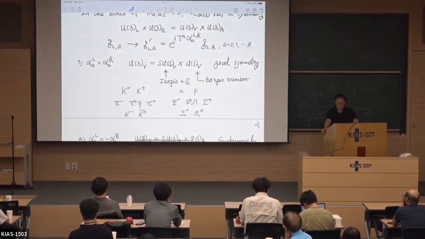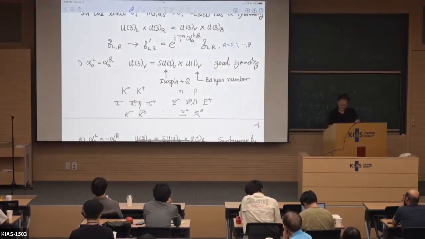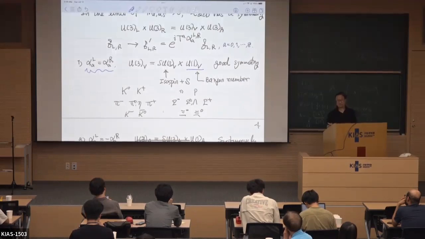And then the diagonal one, if the left-handed rotation and right-handed rotation are the same, we call it diagonal, or U(3)_V. Then the U(1) part is just the baryon number we know of.